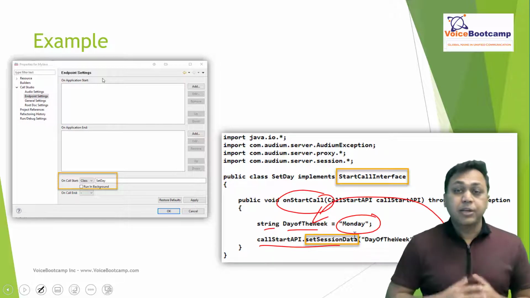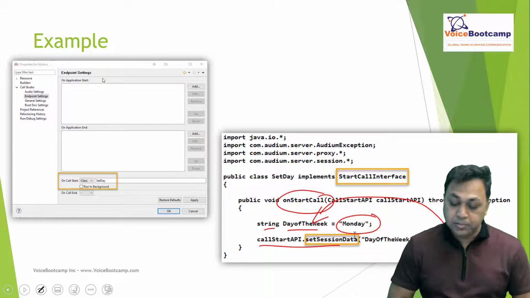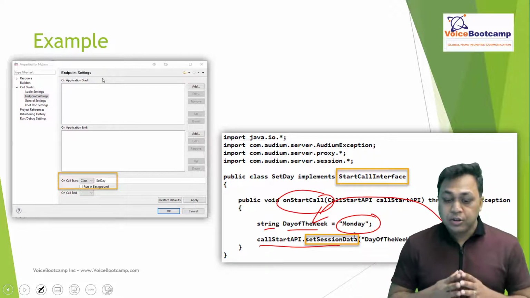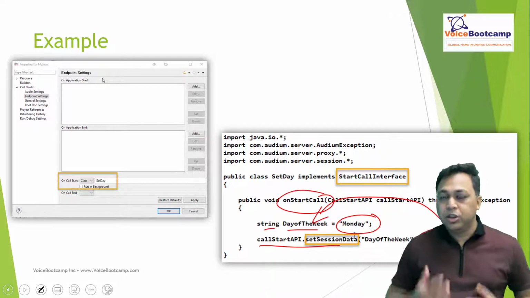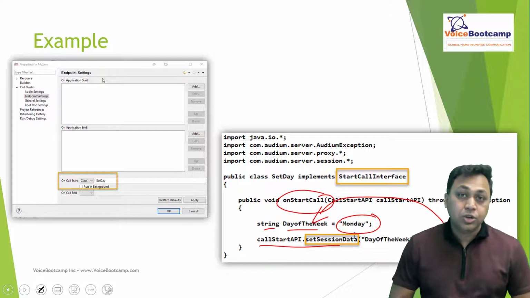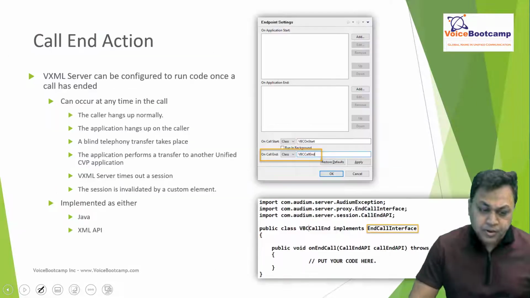Then throughout your application, you can say if session data day of the week is equal to this, do something with your script. That's the simplest form of an example. Of course, you can do a lot more; you can create 10 pages of Java code to execute before your VXML call start execute.